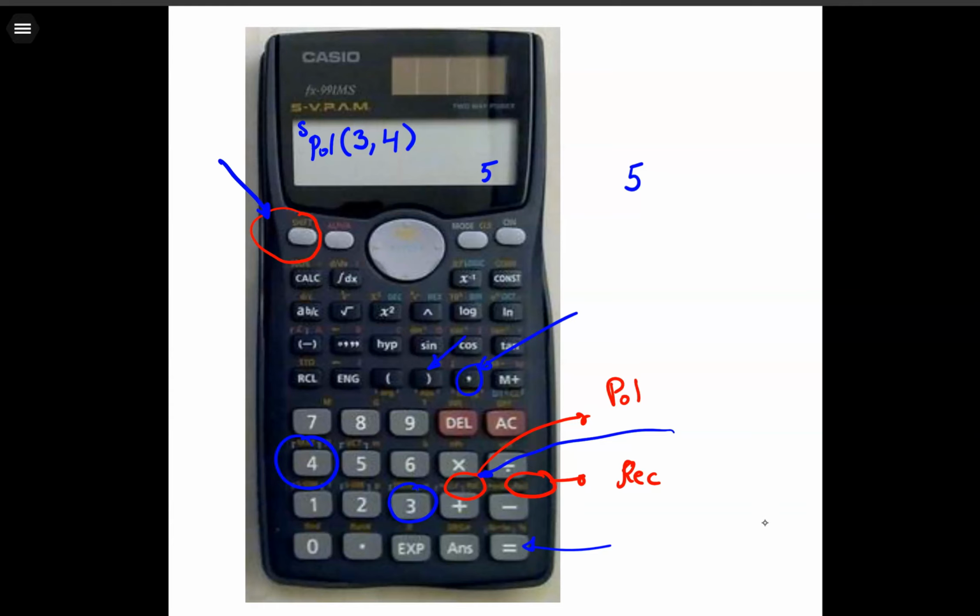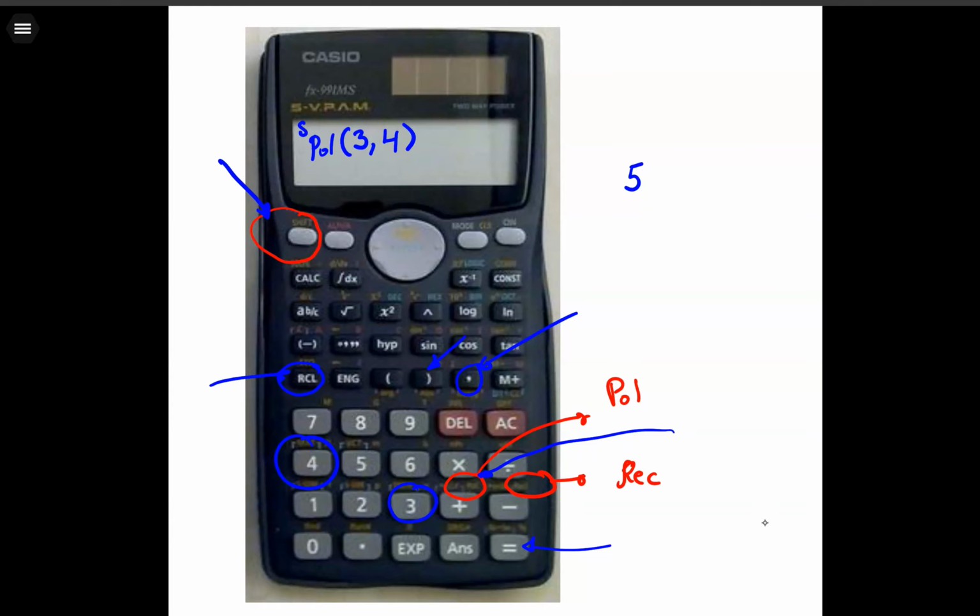To get the angle, use this recall key on your calculator. So this is the recall key. I press that recall, and I will press tangent in this case. So I press tangent, and then this 5 will disappear.